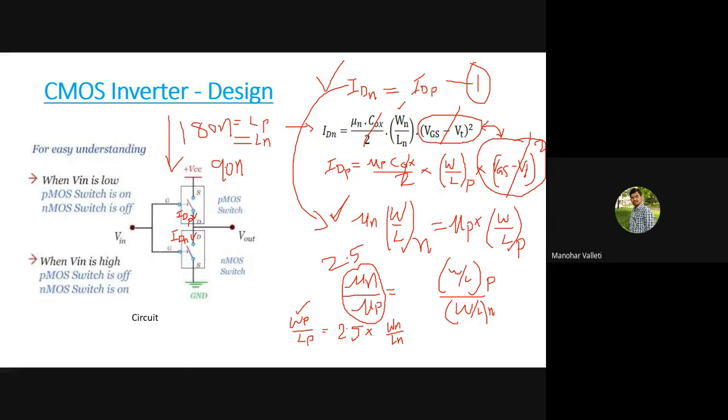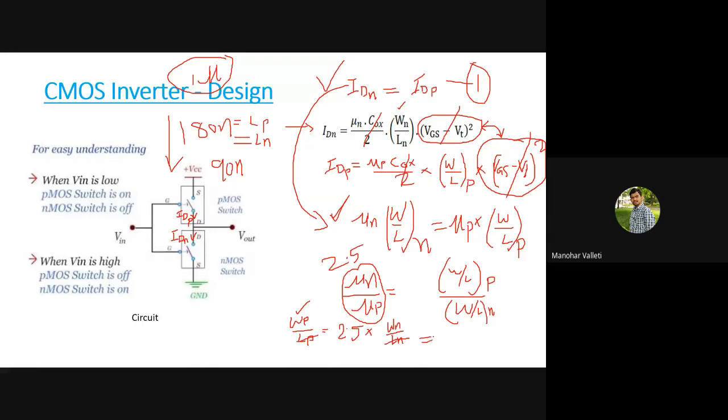So lower values the 180 nanometer technology won't support, but higher values it will. You can change Lp to 1 micro, then you are working on 1 micrometer technology. Fine. So this and this I am cancelling each other.